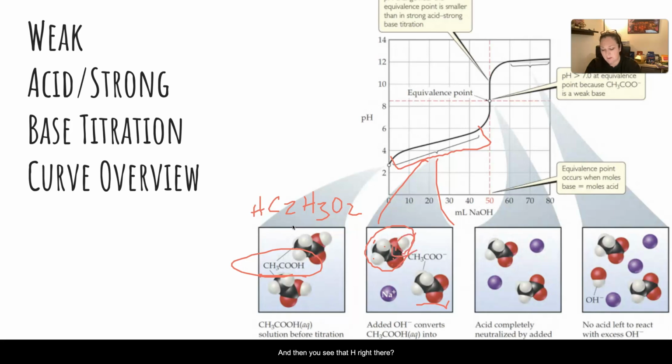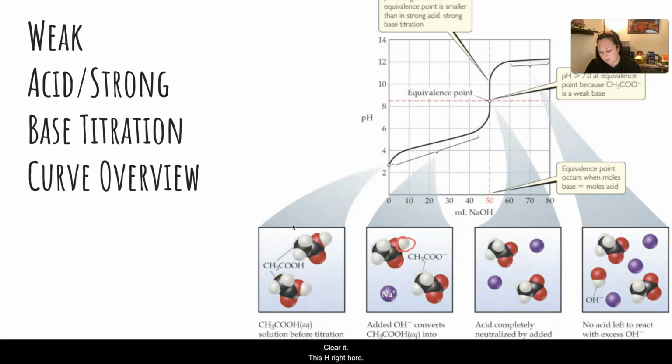And you see that H right there? That's the acidic H. If you wrote it out like an ionic compound, it's this H here. So that H is donating, it's coming off, and it's going to go be with the OH from the NaOH and make water.